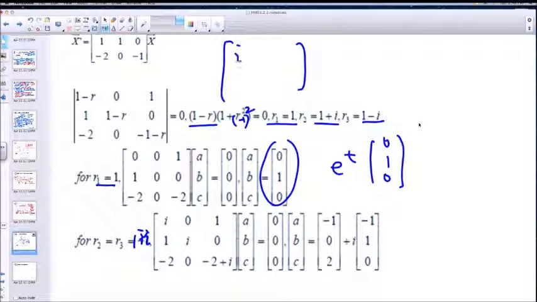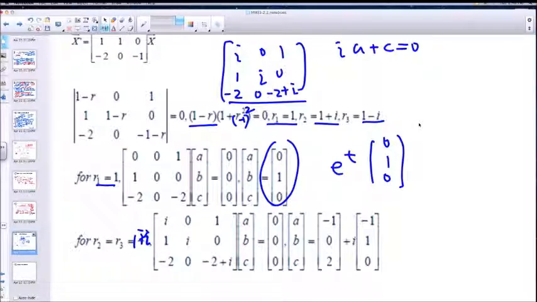You got i, 0, 1, 1, i, 0, negative 2, 0. Basically, you got two equations. This one is the same, redundant. So you got iA minus C plus C equals 0, and A plus iB equals 0. How are you going to solve this?